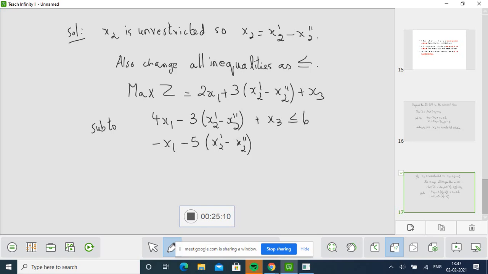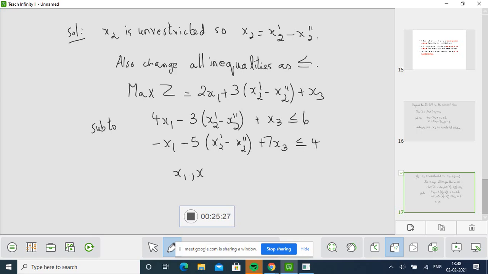So minus x1 minus 5x2 plus 7x3 is less than or equal to minus of minus 4, which is plus 4. So now what are the constraints I have?